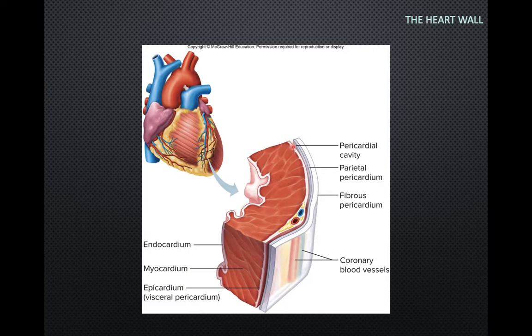Then the same anatomical feature, known as the visceral pericardium, is called the epicardium when we switch over and talk about the wall of the heart. Then this chunk here that looks like a big piece of sushi is actually muscle. This is your muscle tissue, the myocardium, and then we have the inner layer of the heart wall, which is the endocardium.